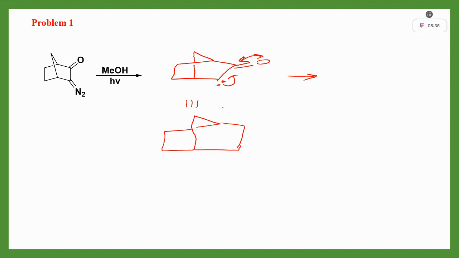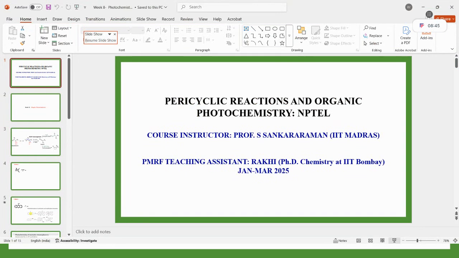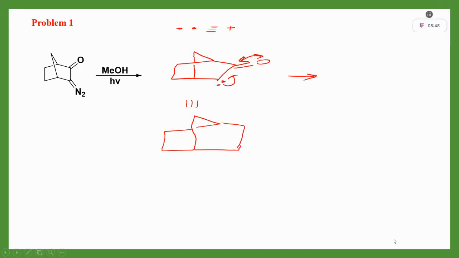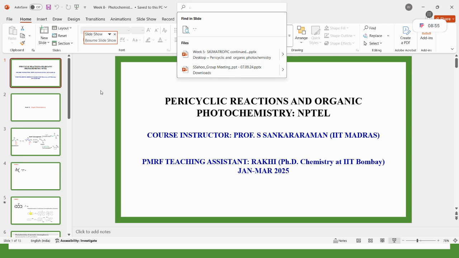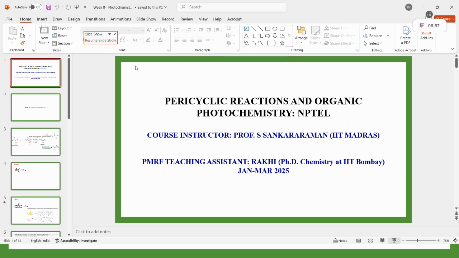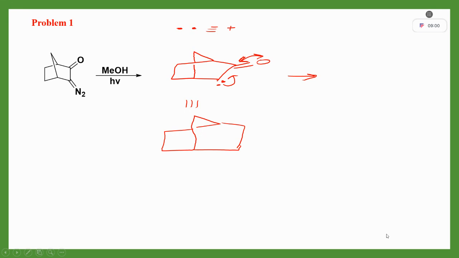You can also write this carbene as I have told you in earlier classes. A carbene can be written with a plus charge for understanding purposes only. Right.